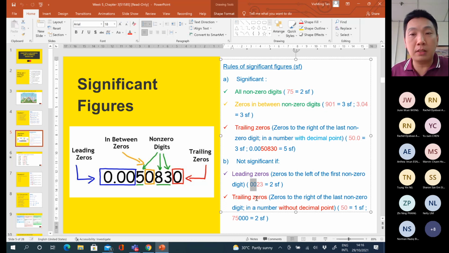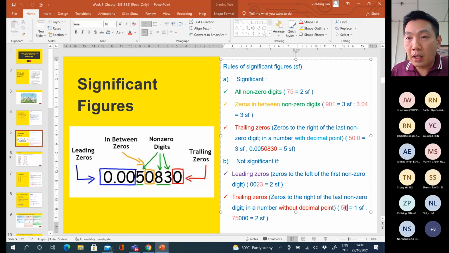Another type of number that is also not included as a significant figure is one type of trailing 0. That is when the 0 to the right of the last non-zero digit is in a number without a decimal point, like for instance this one, 50.